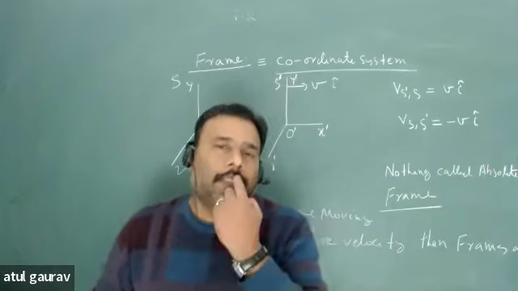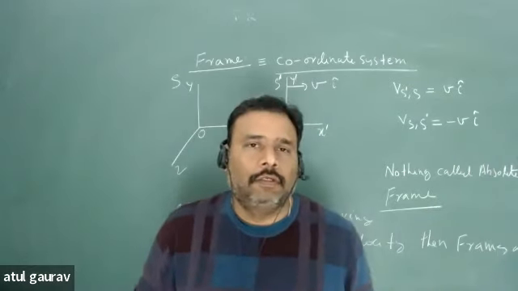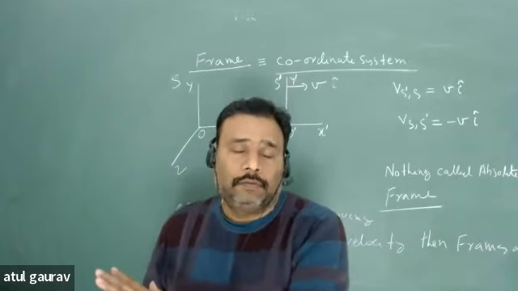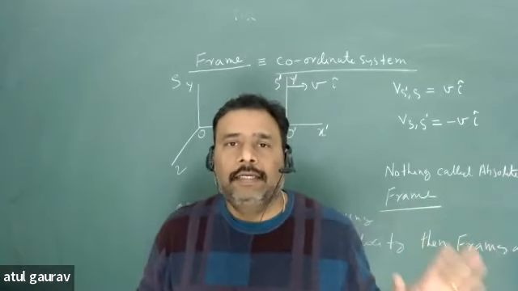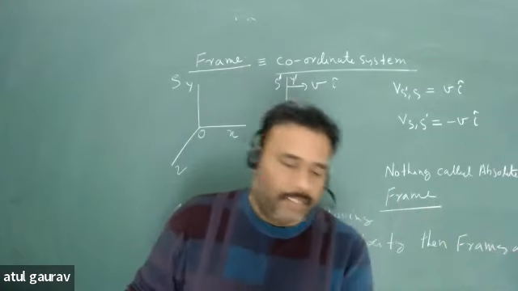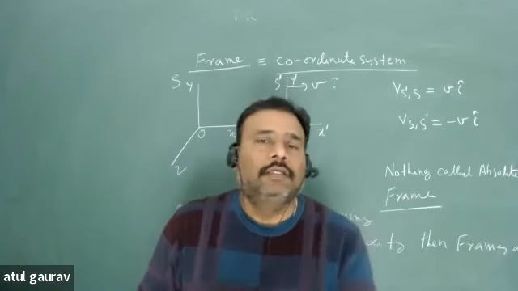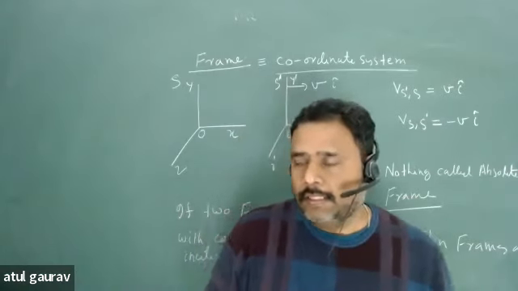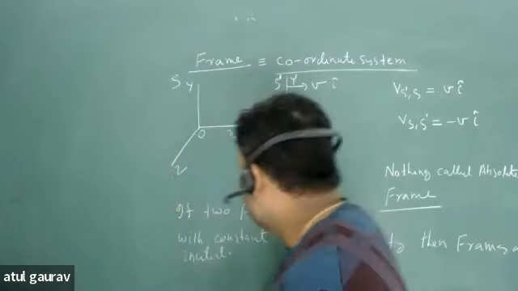So if I am talking about an inertial frame, I am talking about a frame which is always moving in a straight line. Then only your frames can be inertial in nature. If they are changing their direction with time, then obviously the frame cannot be inertial. The inertial frame means they have to move only in a straight line.